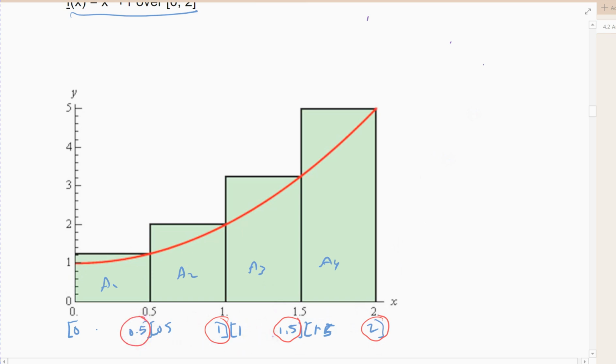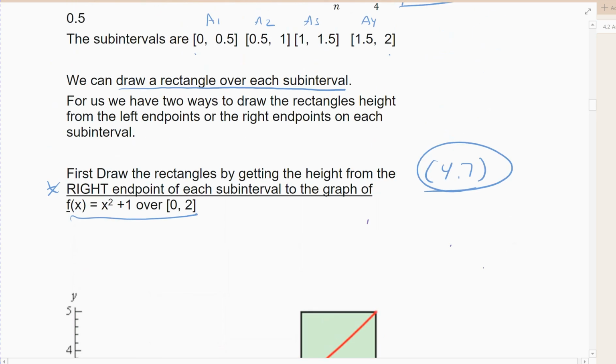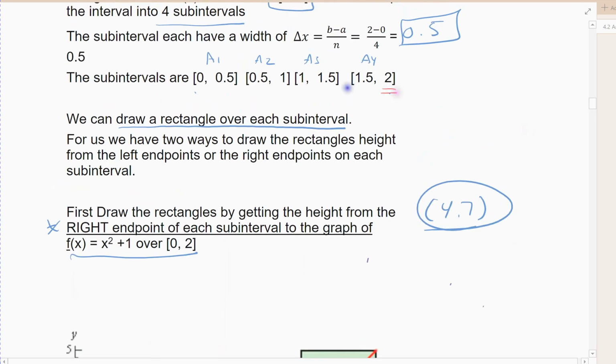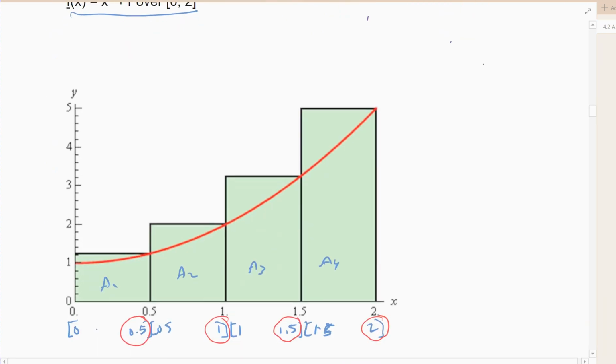Those are all the right sides of my intervals. 2 is on the right side, 1.5 is on the right, 1 is on the right, 0.5 is on the right. Those are the values that I'm going to use to draw my rectangles, and that's what we did here.